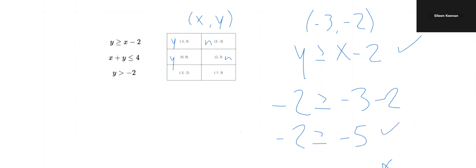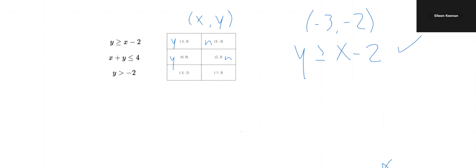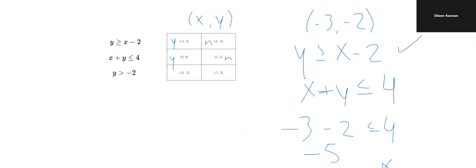Gotta check them all though. It makes you almost wish it doesn't work for the first one, just so you can be done with it, right? So x plus y is less than or equal to 4. So -3 plus -2, so -3 minus 2 is -5, which is less than or equal to 4. That is true, so that checks out.